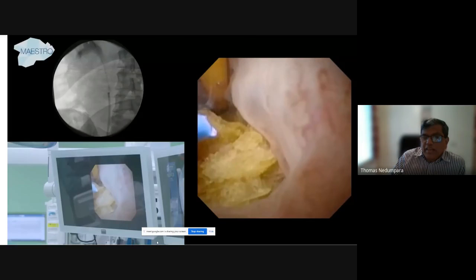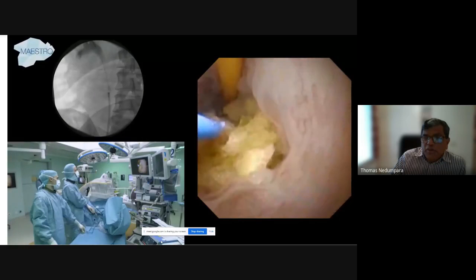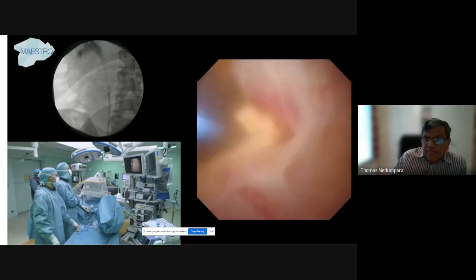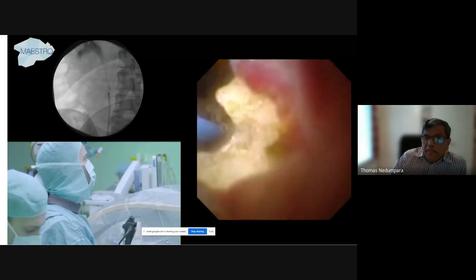Now you can see the stone in the upper end of the ureter, and the holmium YAG laser is used as a non-contact method, and the stones are broken into small pieces, and water and air is irrigated through the working channel so that the ureter is distended. It's important that the laser doesn't touch the wall of the ureter. The stones are being slowly destroyed into small fragments.